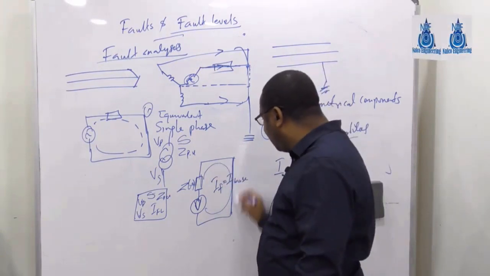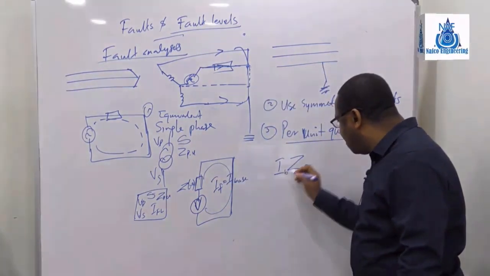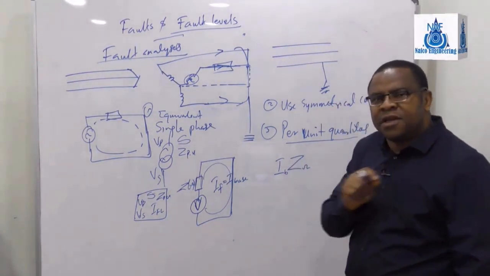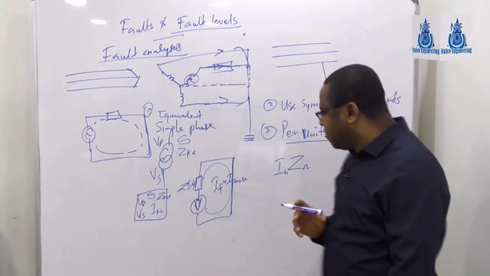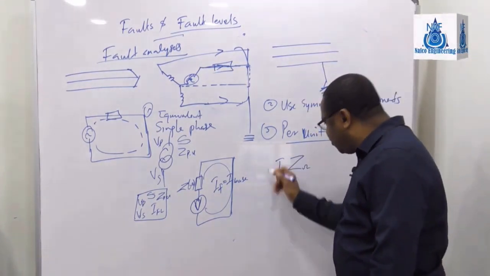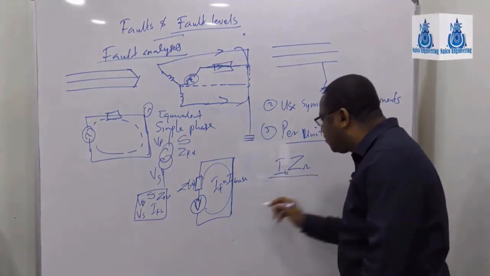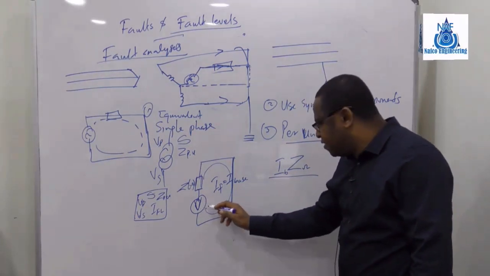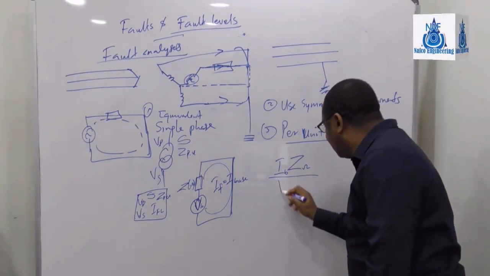So if I short this, that full load current is called the base current. Now, the per unit quantity in this case means the ratio of this voltage drop with respect to the nameplate voltage rating, this base value, VB.